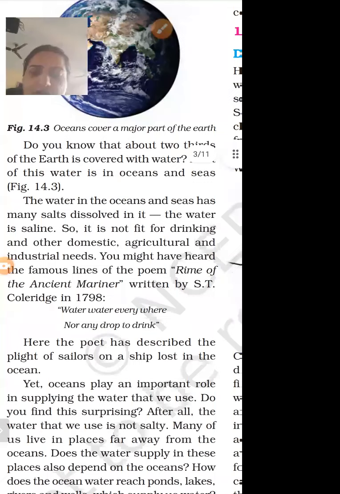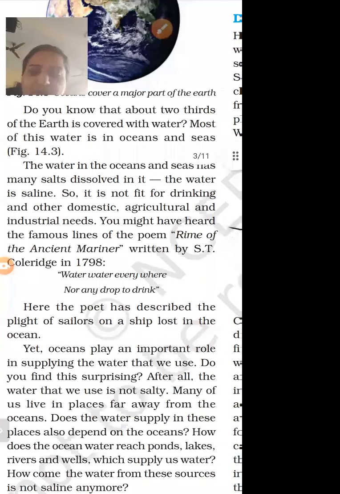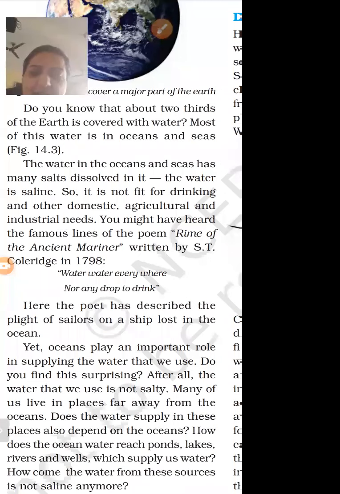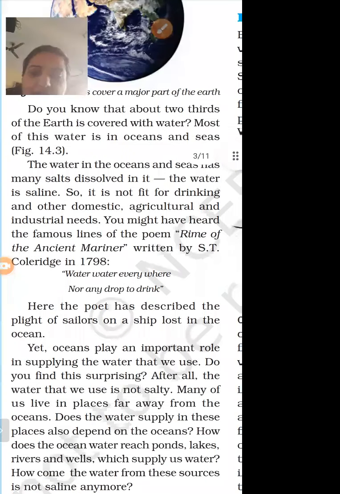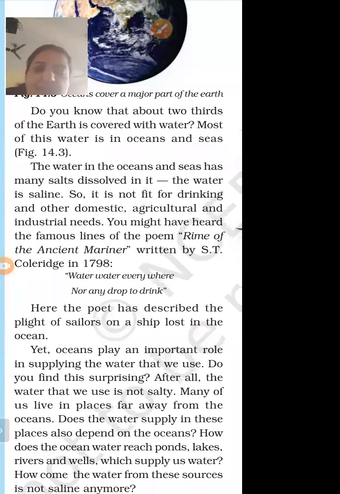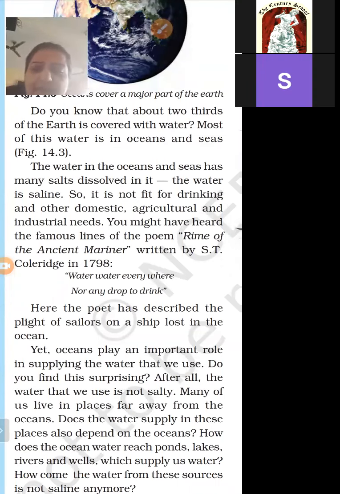Yet the ocean plays an important role in supplying the water that we use. As we know, ocean water is not suitable for drinking, but it plays a very important role in supplying the water we use.